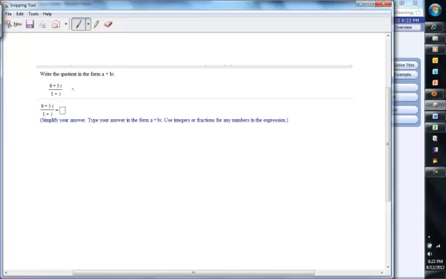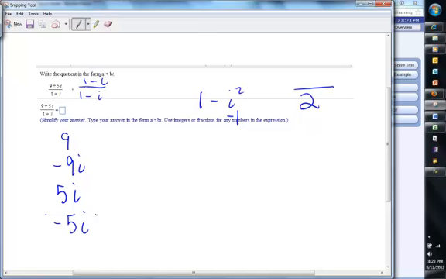Multiply top and bottom by 1 minus I, and the denominator becomes 1 minus I squared. I squared is negative 1. 1 minus negative 1 is 2. The numerator first is 9. Outsides is negative 9I. Insides is 5I. Last is negative 5I squared.